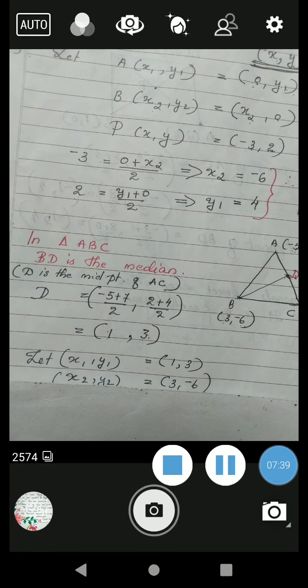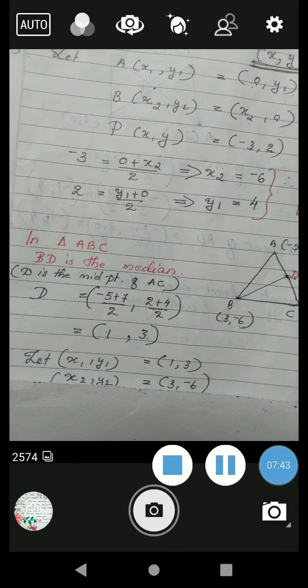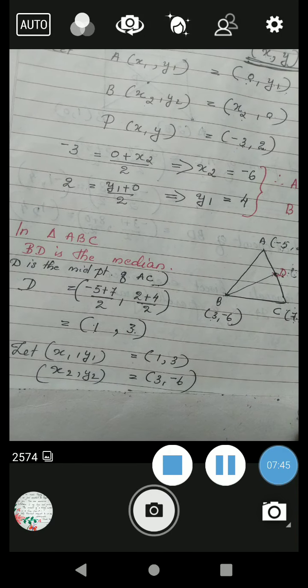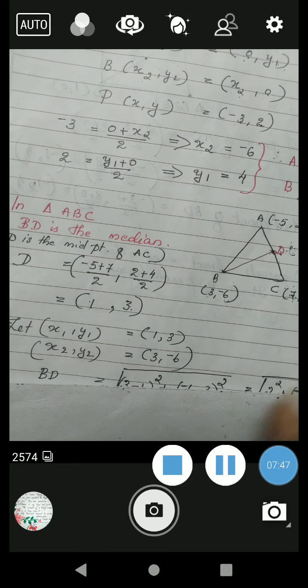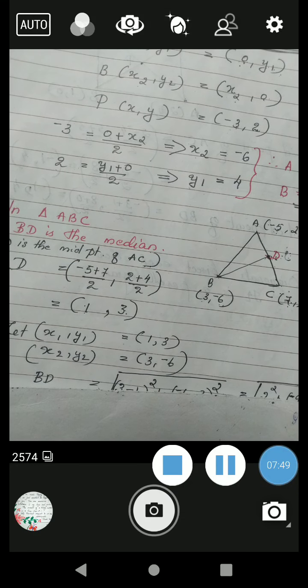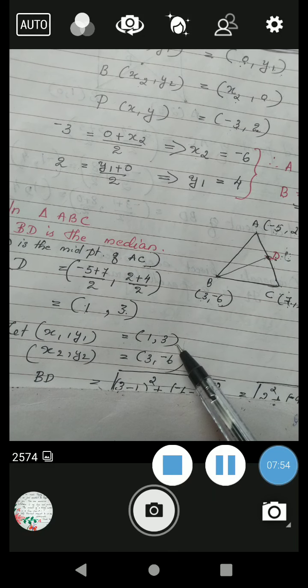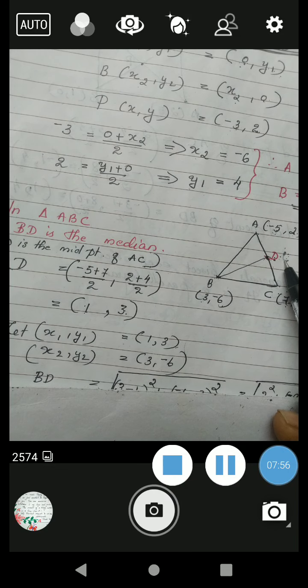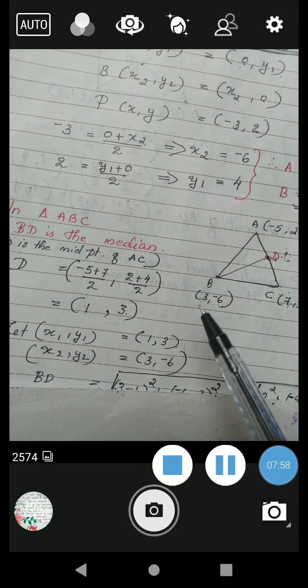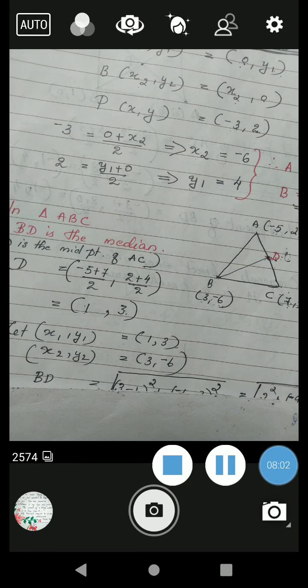Now the remaining step is to find the length of the median. So how can we find the length of a line? Using the distance formula. For that, let (1, 3) be x1, y1 and this be x2, y2. Anyway, you can choose.